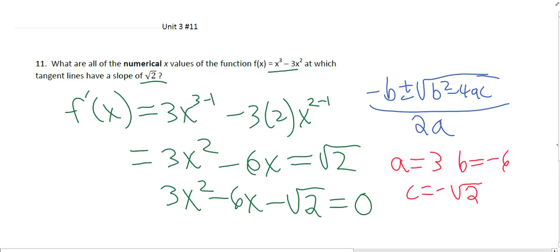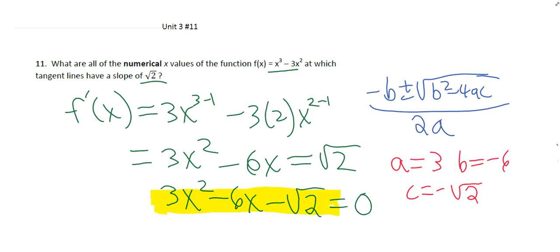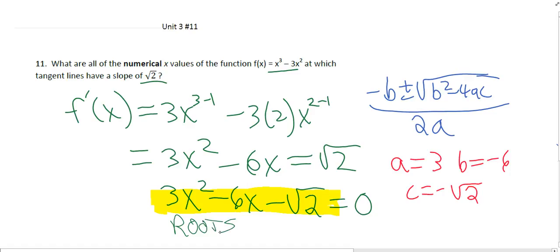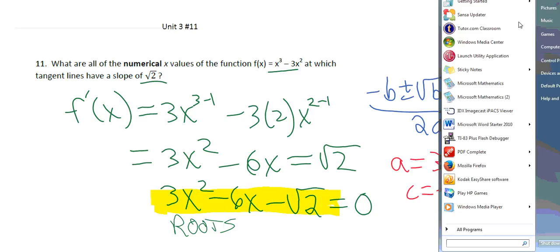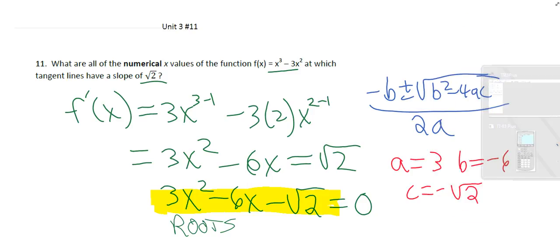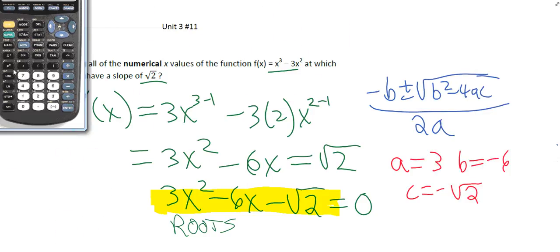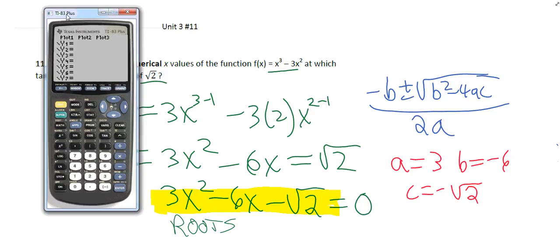Another way to do that would be to put this expression into the graphing calculator and use the calculator to find the roots or the zeros. So that's exactly what we're going to do in this video. Let me get my calculator turned on over here, and we'll put the function in. Here we are.